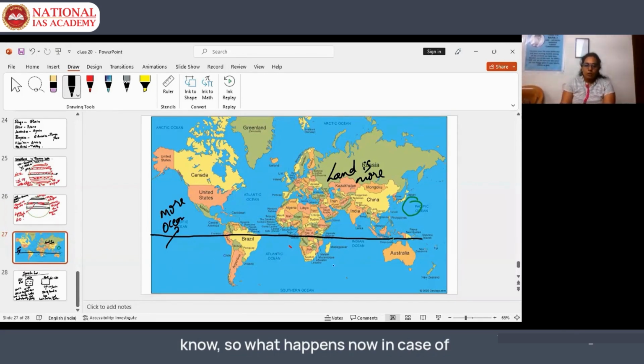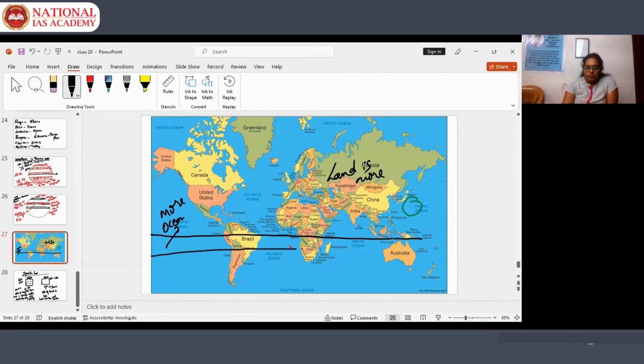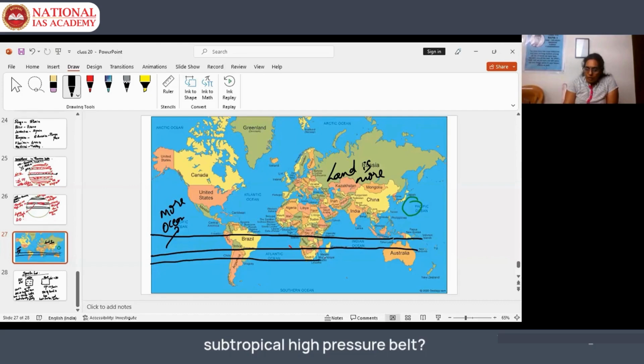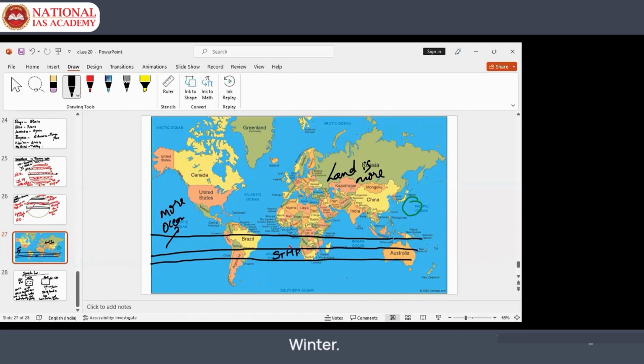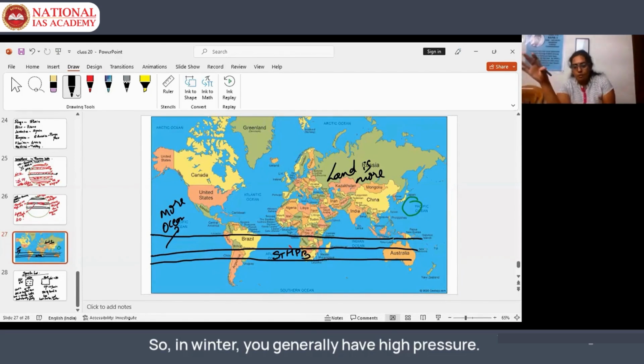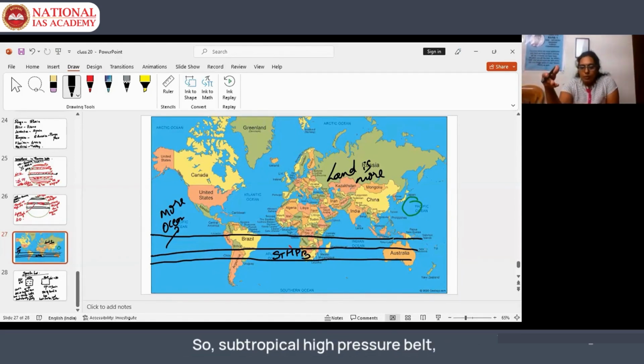When ocean patches are very large, what happens? Now, in the case of your pressure belt, when it comes to your subtropical high pressure belt, what is the season in your southern hemisphere when the sun is at the Tropic of Cancer? Winter. It is winter. So in winter, you generally have high pressure. So in the subtropical high pressure belt, if you see, land is cold in winter.